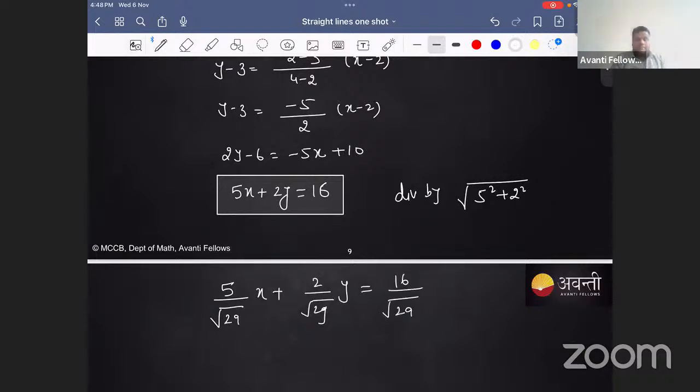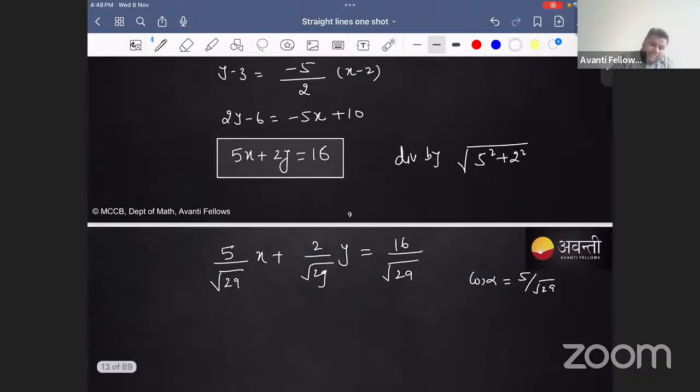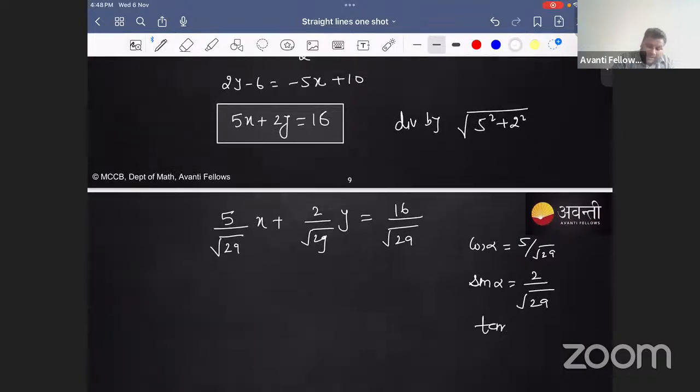Now there must be some angle for which cos alpha equals 5 upon root 29 and sin alpha is equal to 2 upon root 29. That means tan alpha is what? 2 by 5.